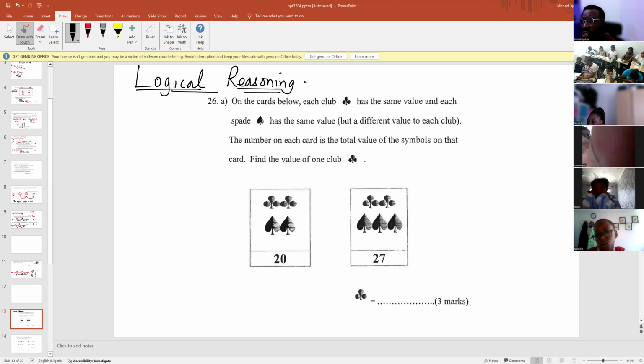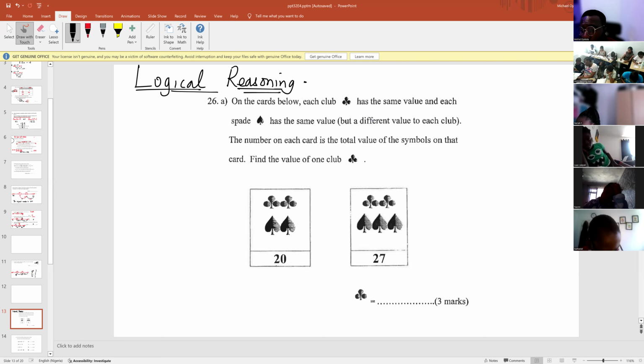Now, this question is categorized under logical reasoning. Let's find out what the answer is likely going to be. Let's look at this. 3 spades and 2 clubs add up to 27. Then 2 spades and 2 clubs add up to 20. Let's check out something very interesting.